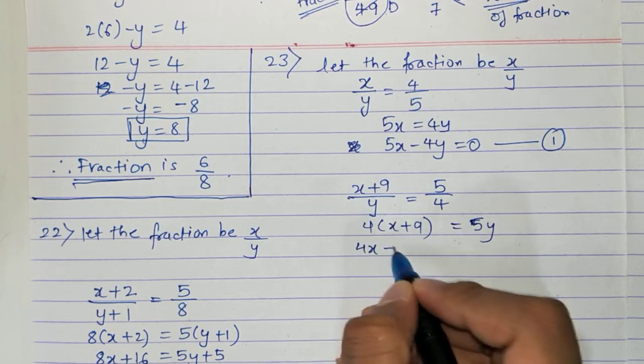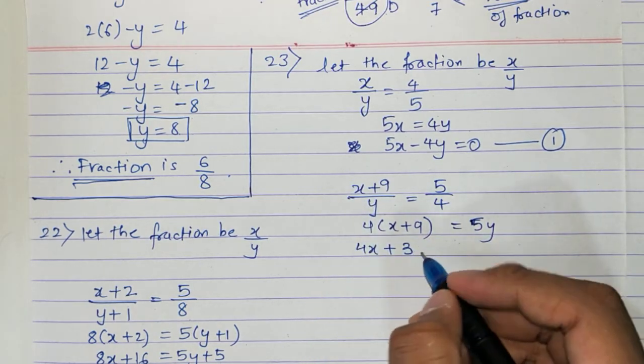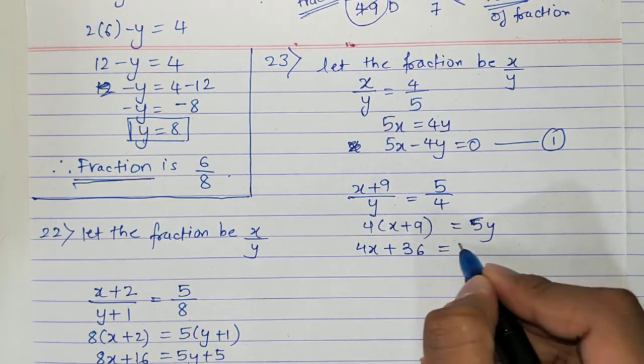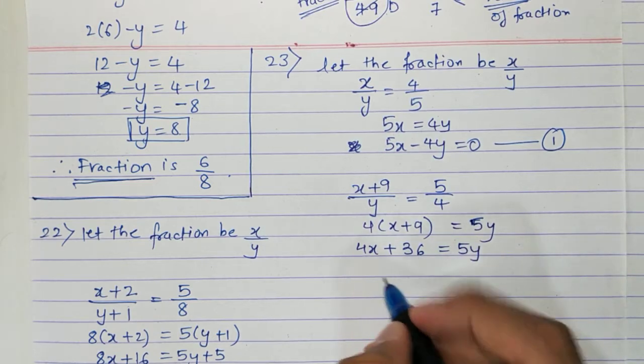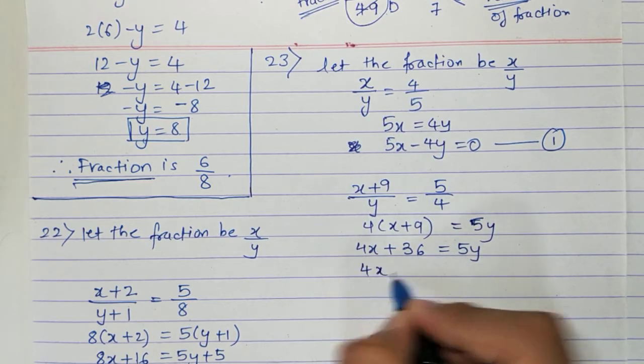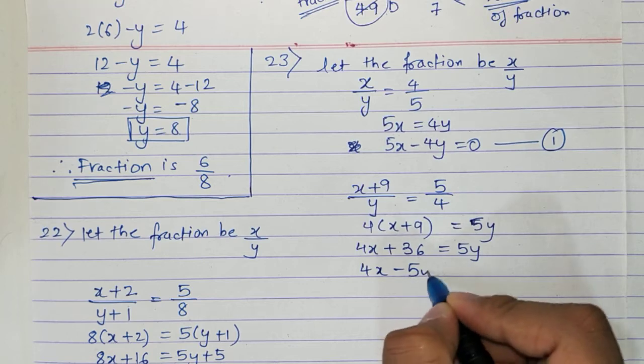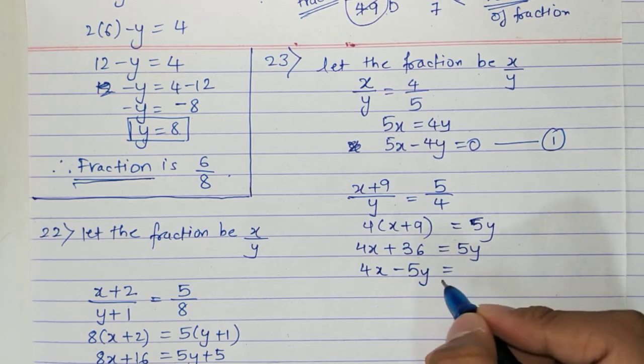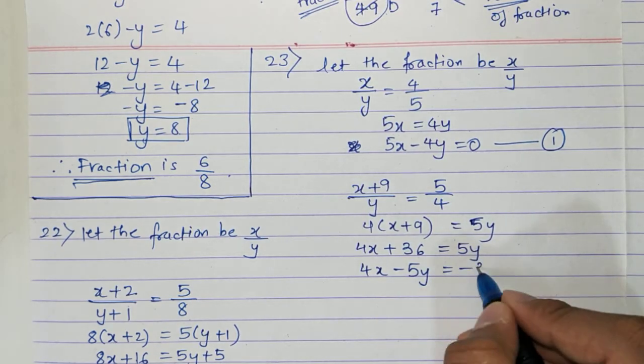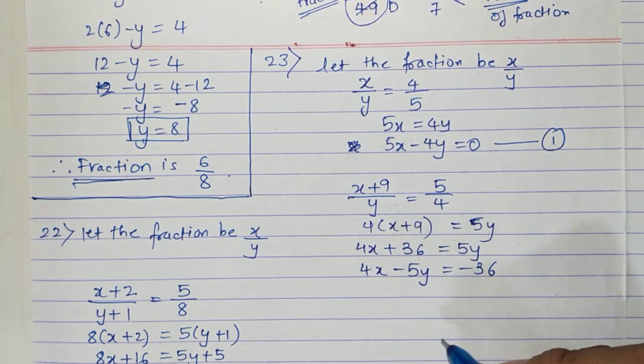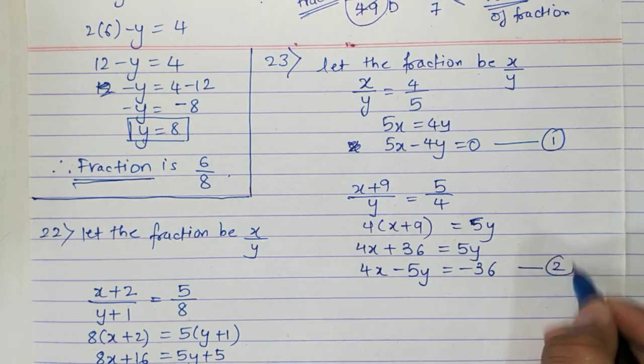So 4x plus 9 4s are 36 equals 5y. Now shift this 5y here. 4x minus 5y equals minus 36. Equation 2.